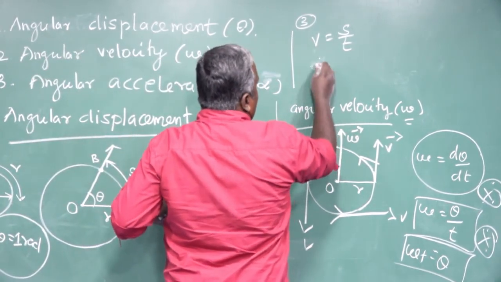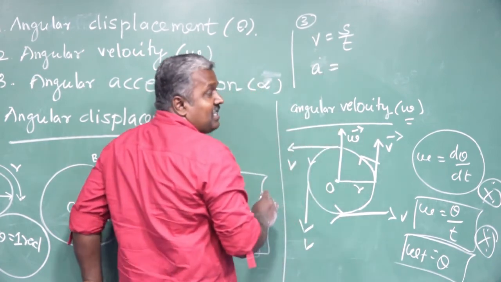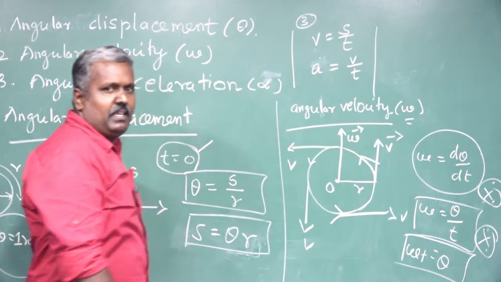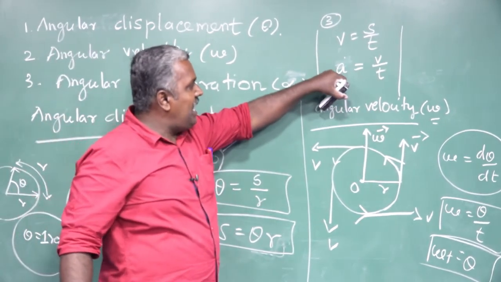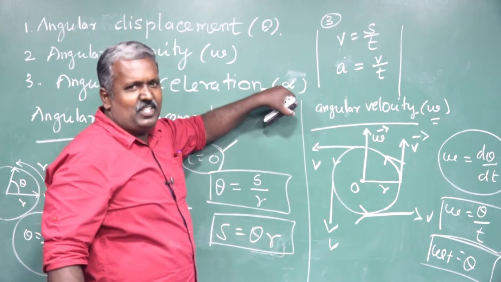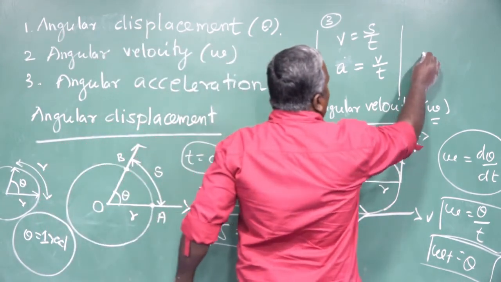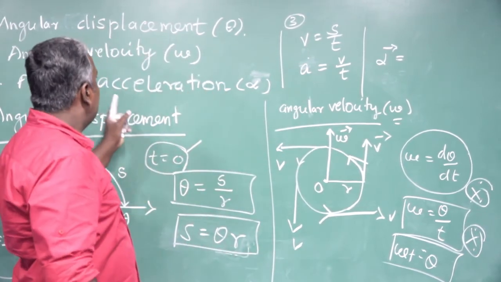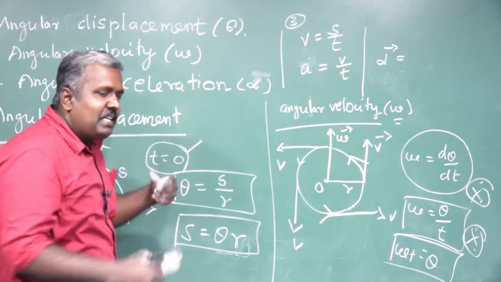This is for velocity. Linear acceleration a is equal to v by t. Similarly, instead of a, here you must write alpha. So angular acceleration is the rate of change of angular velocity.